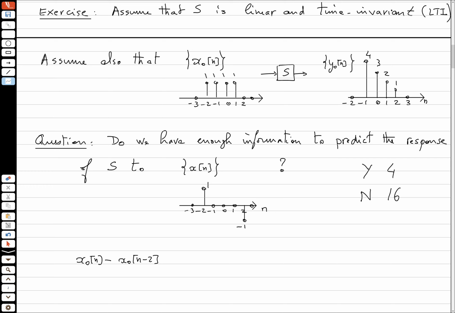Ah, he said n minus 2, you say n minus 1? He's modifying your suggestion. You wanted to subtract x of n naught minus 2, and he wants minus 1. Do you think his idea is better?